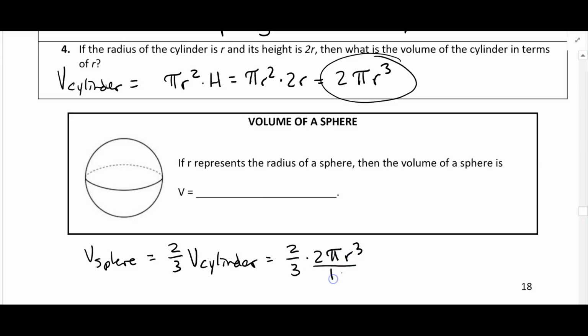Let's put this over 1 and simplify. In the numerator we're going to get 4 pi r cubed, and in the denominator we're going to get 3. And there we have the formula for the volume of a sphere. So the volume of a sphere is equal to 4/3 pi r cubed, or 4 pi r cubed over 3.